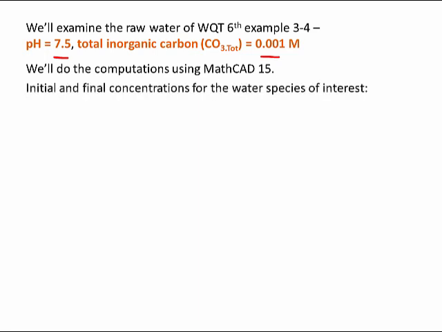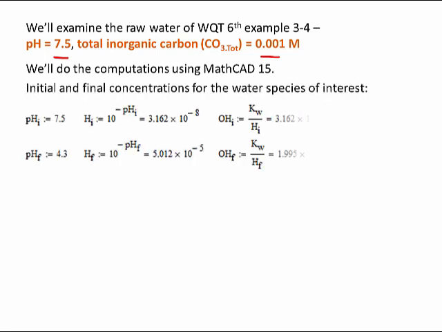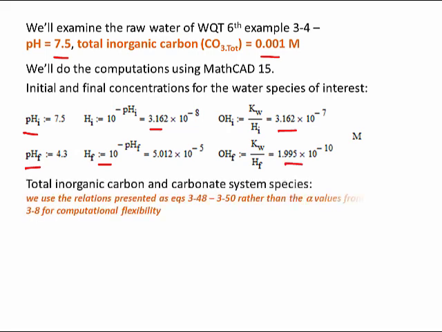So we have the initial and the final concentrations of the water species of interest. The initial pH yields the initial hydrogen ion concentration and the initial hydroxide concentration. The final pH yields the final hydrogen ion concentration and the final hydroxide ion concentration. For total inorganic carbon and the carbonate system species, we'll use equations 3.48 through 3.50 rather than the alpha values from table 3.8.